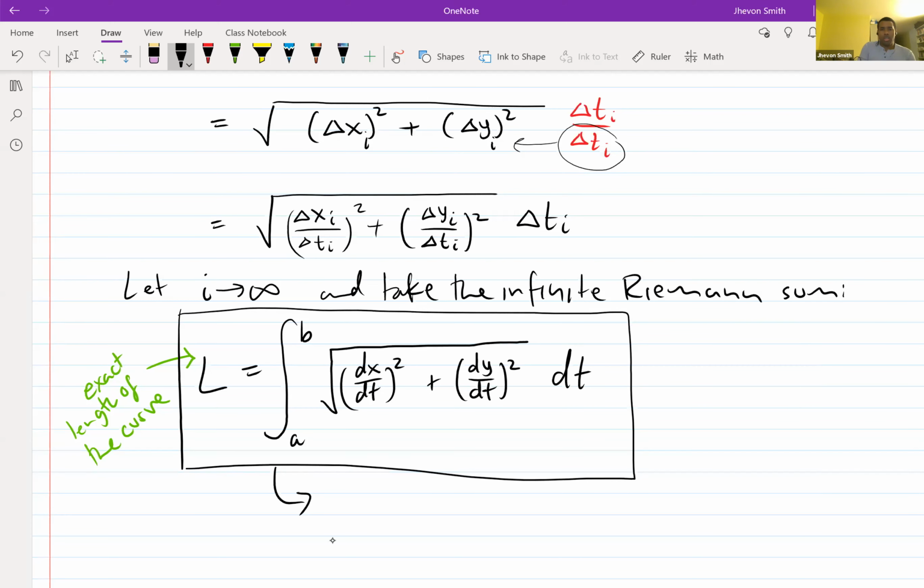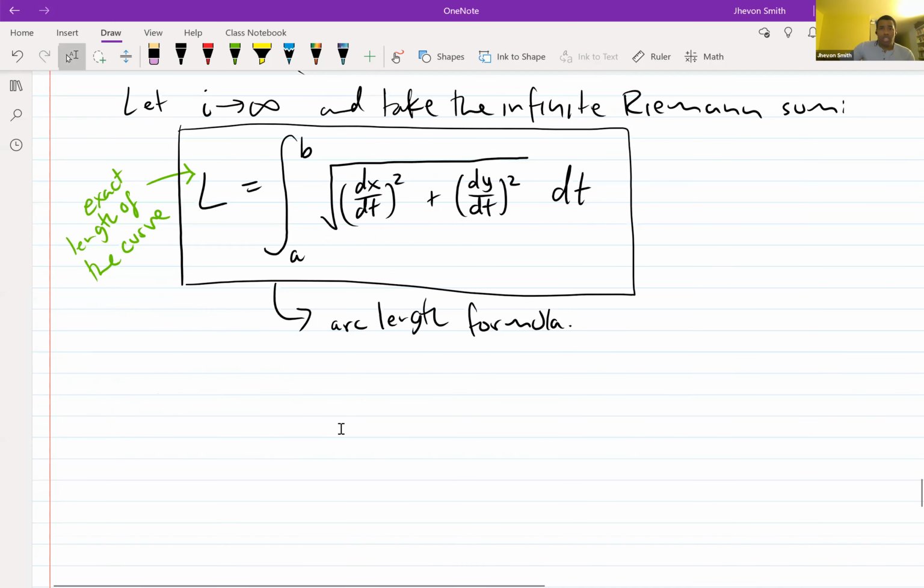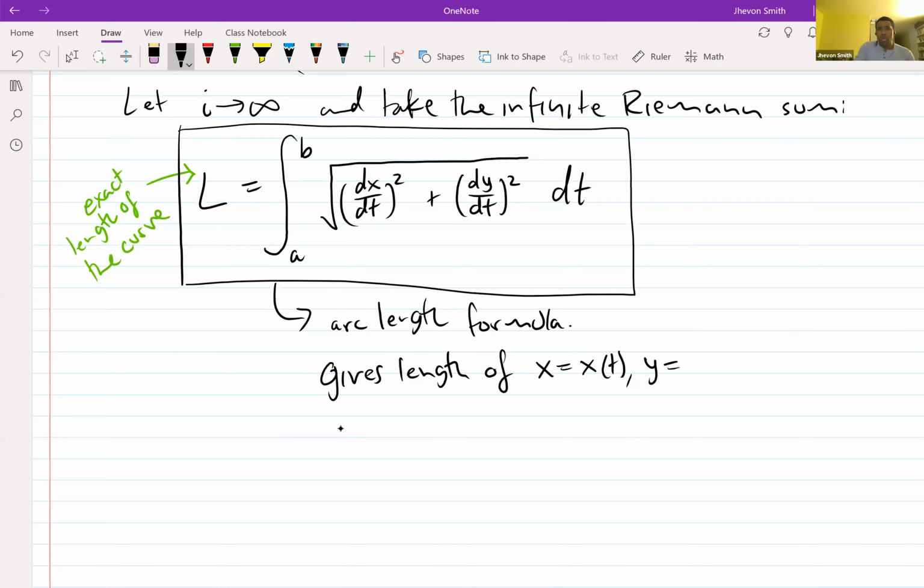This is called the arc length formula. And what this does is it gives the length of x equals x of t, y equals y of t for t between a and b. Right? So that's a nice formula.